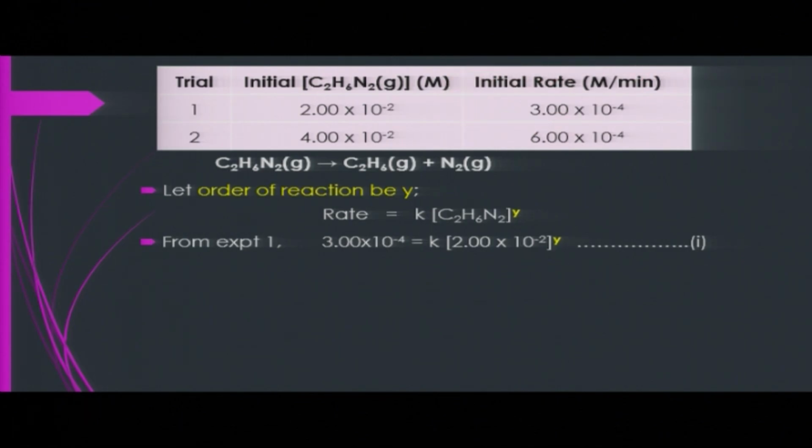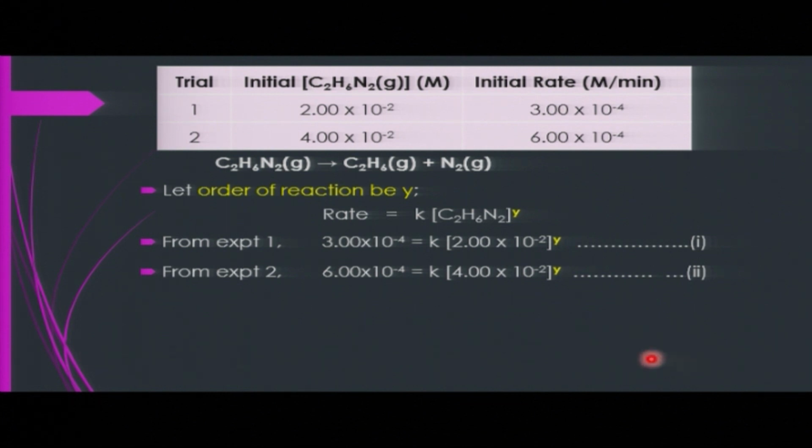So that is our first part. Am I moving with you? I hope yes. And if I'm leaving you behind, please try to catch up as fast as possible before I go to the next step. From here, you can even predict the next step. The next step would be doing the same thing to experiment 2. So we have in equation 1 the values from experiment 1, and in equation 2 the values from experiment 2.